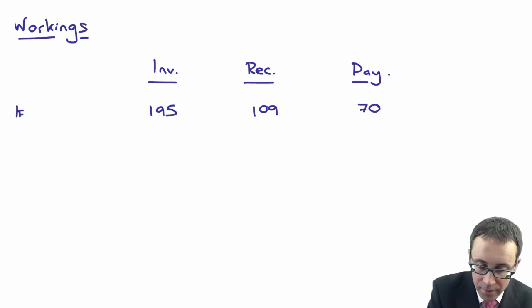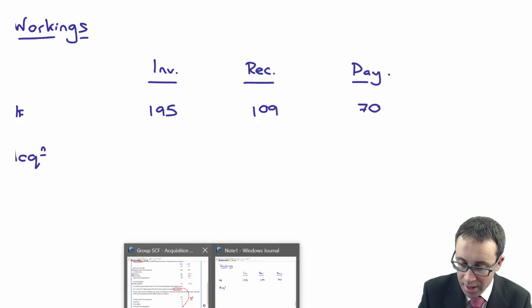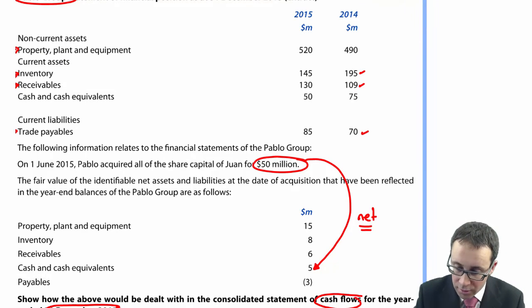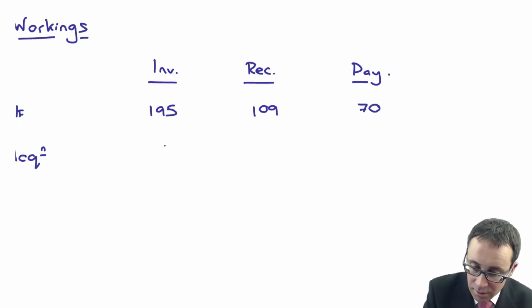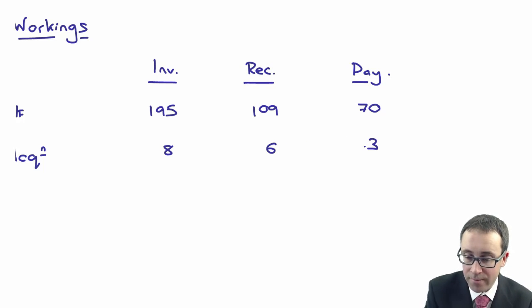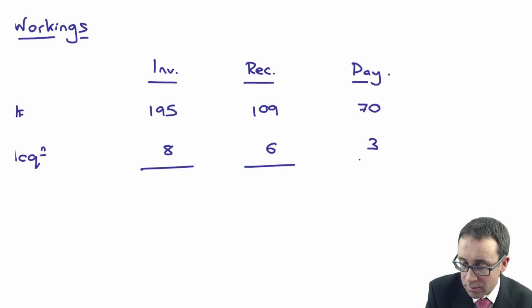Then what we've got there, I think there was an acquisition, wasn't there? So if we look at the acquisition, you've got 8, 6, and 3. So is it 8, 6, and 3? So we can work out what is expected, isn't it?